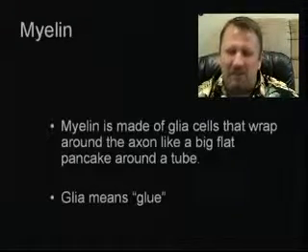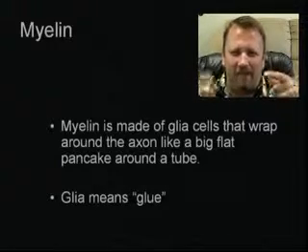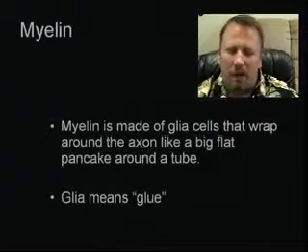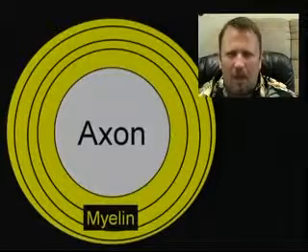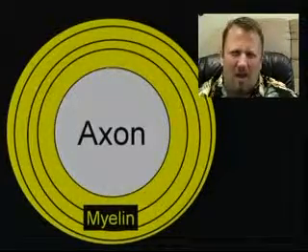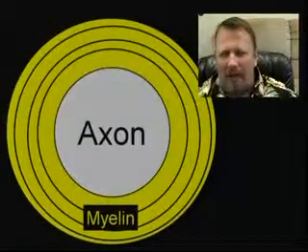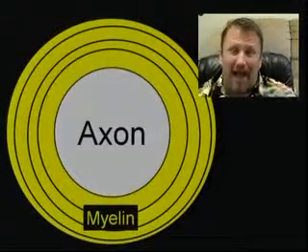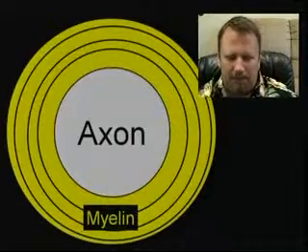And myelin is made of glia cells, and they're like little flat pancakes that have wrapped around a tube, and we have a picture of that. And glia comes from the word glue. So here we've sliced through an axon. We're looking at the center of the axon, and we can see this myelin is wrapped around the axon, providing the axon electrical insulation so the action potential can go faster and more efficiently.